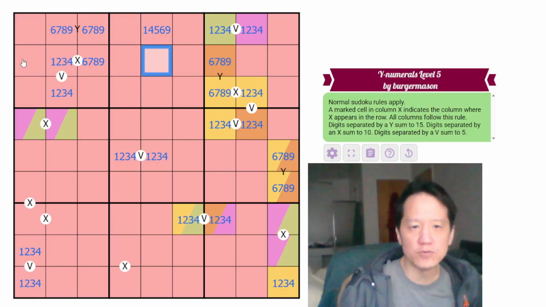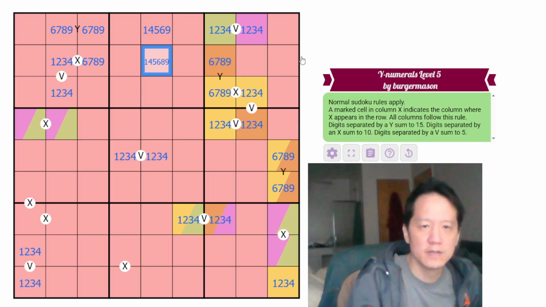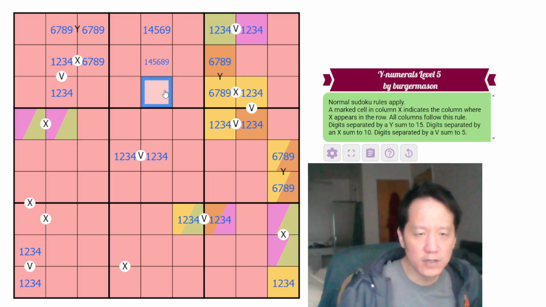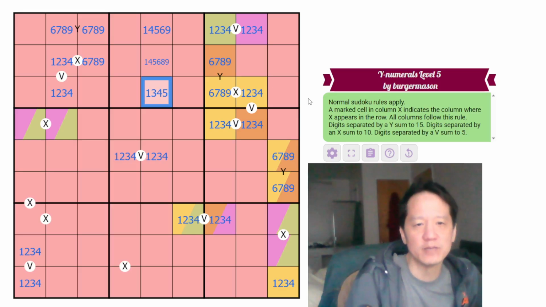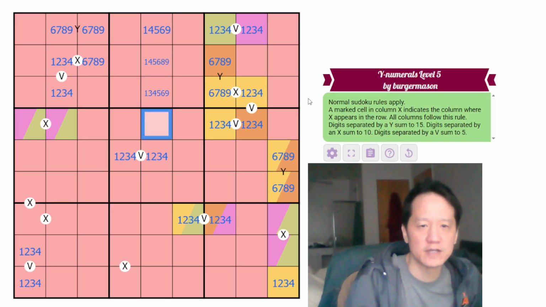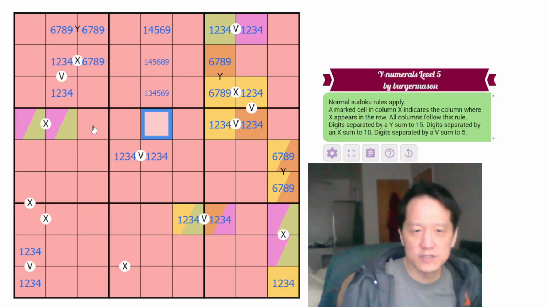This is also 1, 4, 5, 6, but it could be 8 or 9. This is the most broad it could be. It could be 1, 3, 4, 5, 6, or 9. No, it's not completely broad. 1, 3, 4, 5, 6, 9. This is 3, 4, 5, 6, 9.